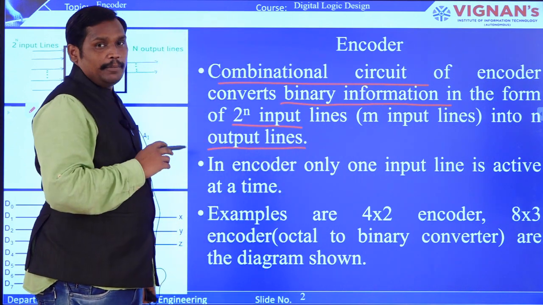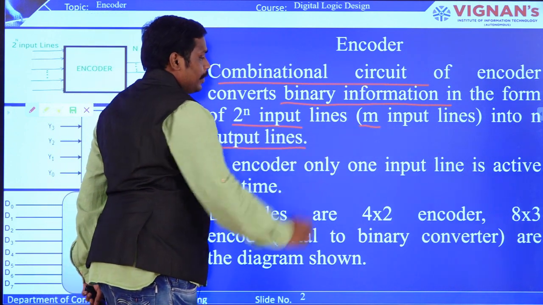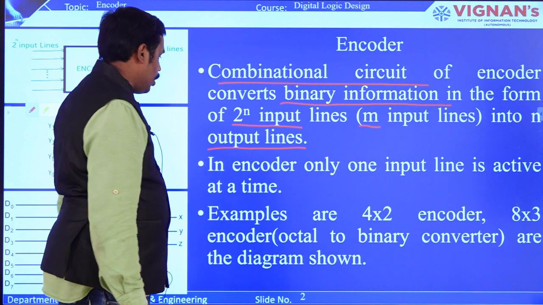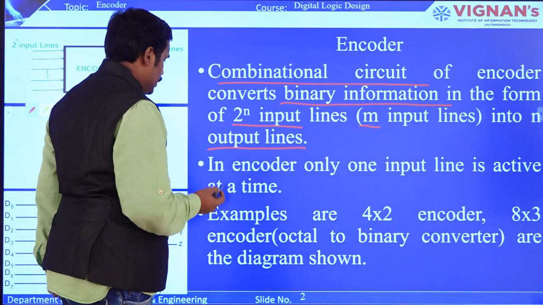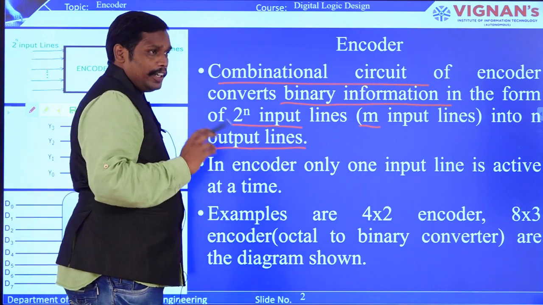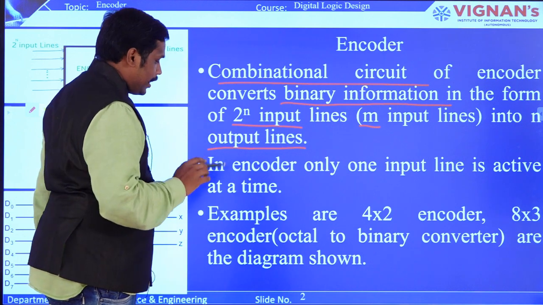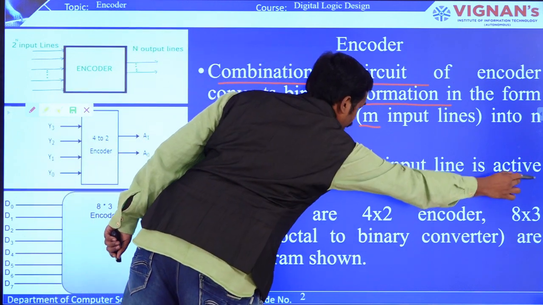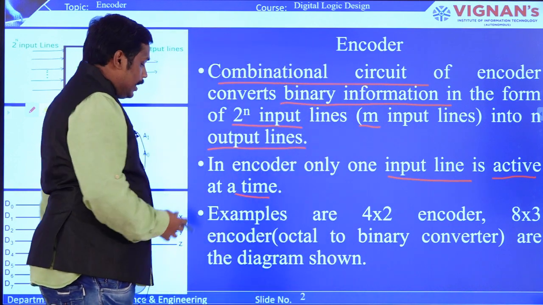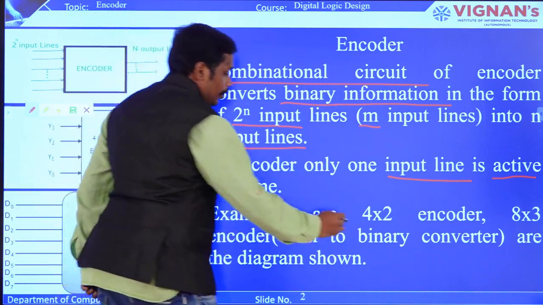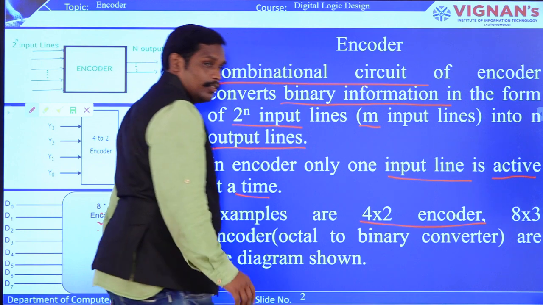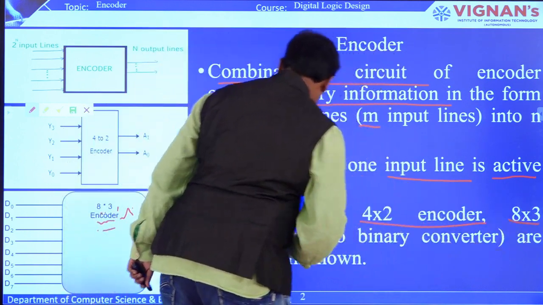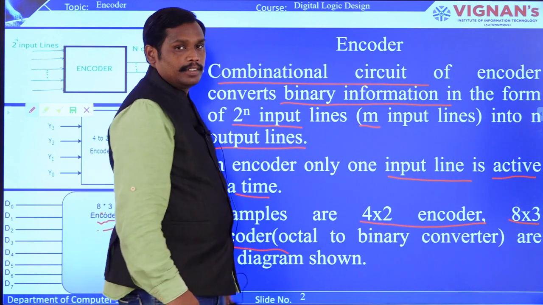Here in the encoder you can only make one input active at a time. This is most important, only one input line is active at a time. Examples of encoders are 4x2 and 8x3 encoders.